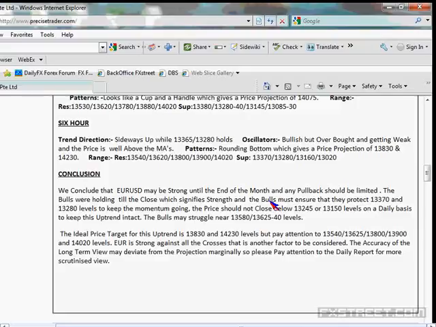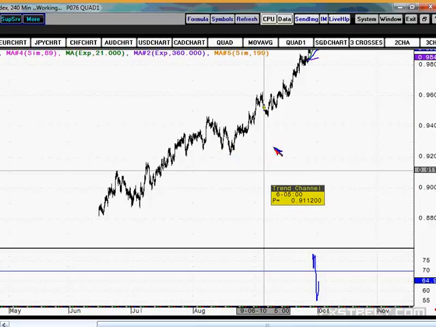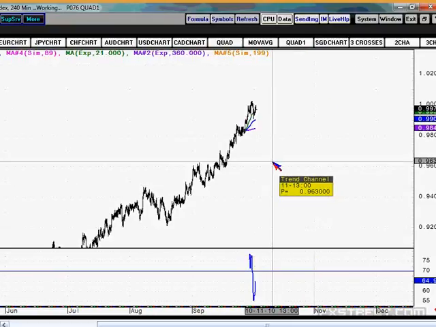Give me a minute, let the chart load. Just bear with me. Looking at this pattern and this move, it's still loading.